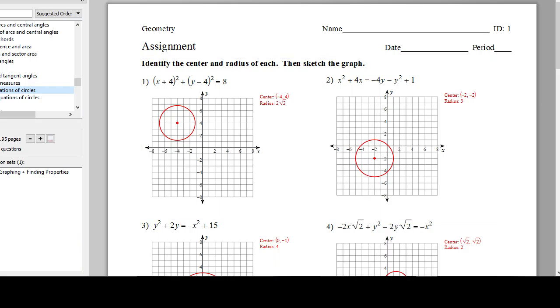Okay, let's do something that looks like that. So let's see if I can remember what it says. X squared plus 4x minus 4y minus y squared plus 1.